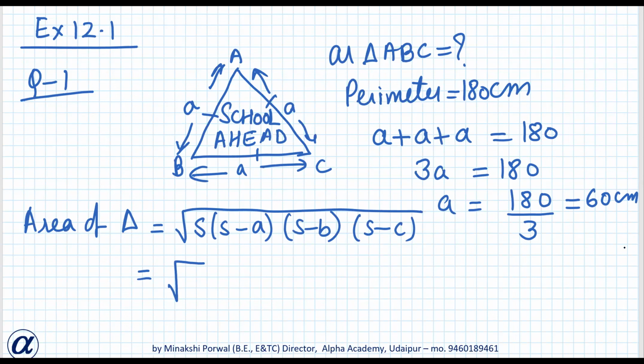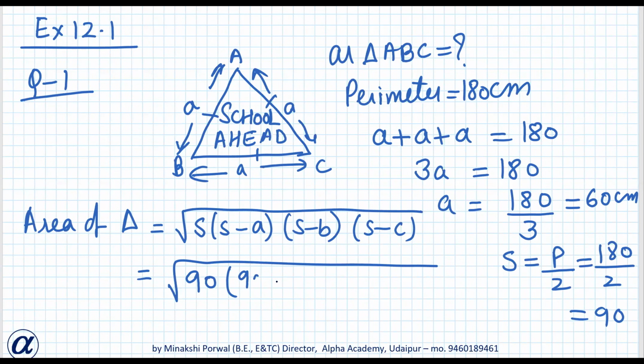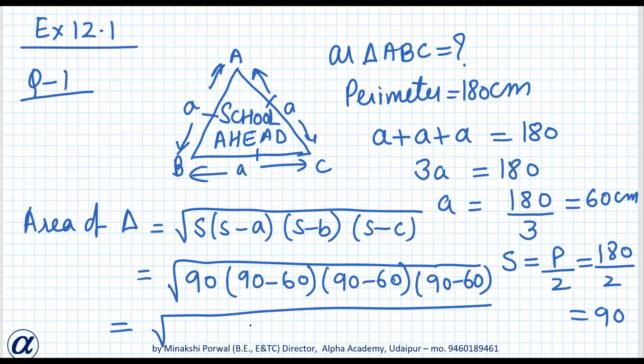So it is 180 by 2, that is 90. s is 90. s minus a, 90 minus 60, 90 minus 60 and 90 minus 60. So under root of 90, 90 minus 60 is 30, 30 and 30.